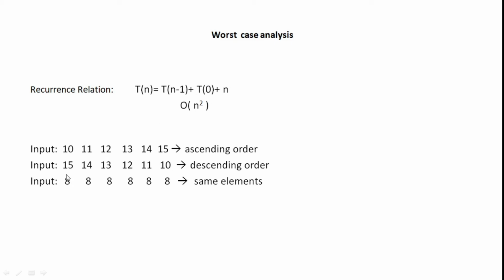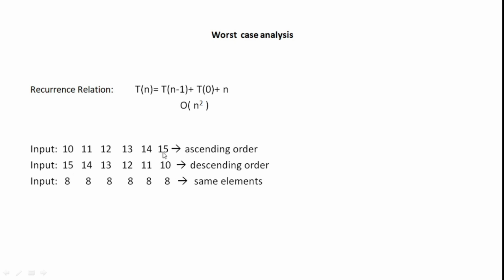Now the same thing is going to happen when the input is in descending order, or when the inputs are the same, having the same elements. So for example, if I take descending order, then take either 10 or 15 as pivot.